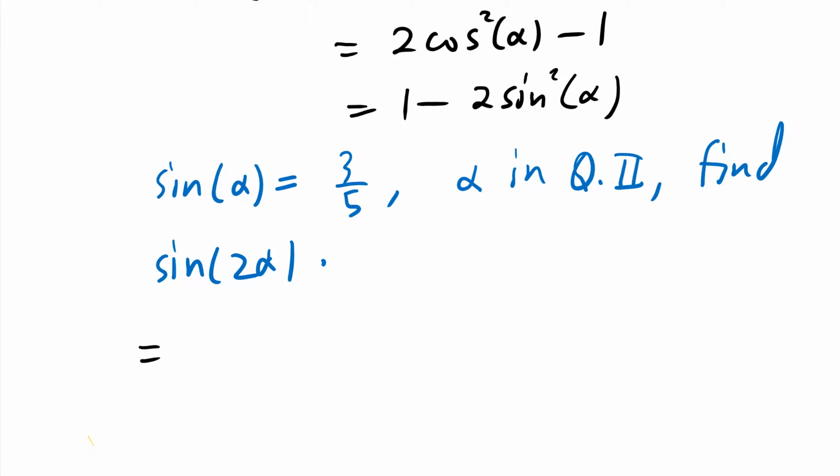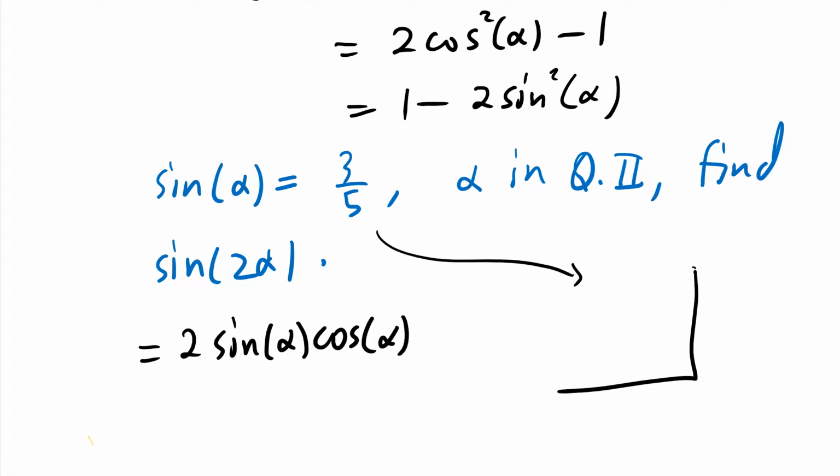So again, the formula is 2 sine alpha cosine alpha. From here we can draw a right triangle. I labeled this as an alpha. Sine is the opposite over the hypotenuse. By the Pythagorean theorem, this is 4.